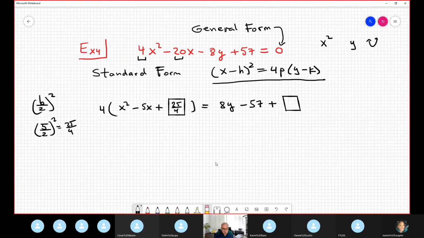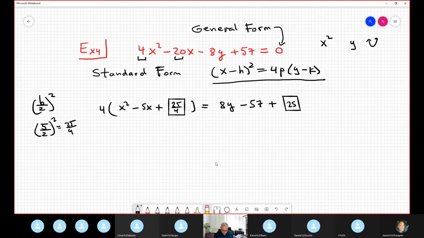Now, when you introduce 25/4, I guarantee you that this trinomial is a perfect square, and the factorization is super easy. However, in order to keep the equilibrium, I need to put in the box not 25/4, but 25. Remember that 25/4 is multiplied by the 4 outside the parenthesis and actually represents 25, not 25/4.